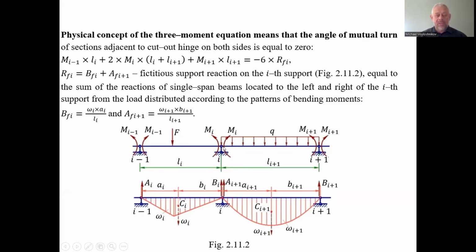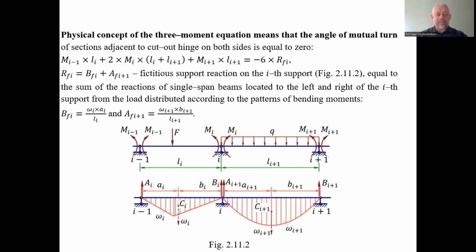So we assume that we can substitute the action of the adjacent spans on each one, the left one and the right one, by bending moments acting on behalf of this adjacent span, the right one on the left one.